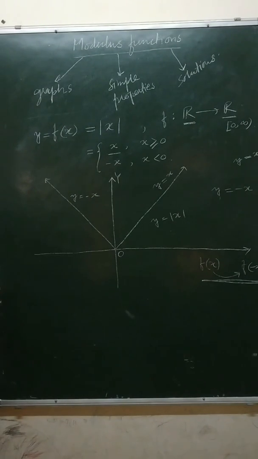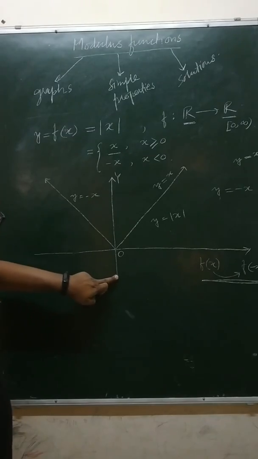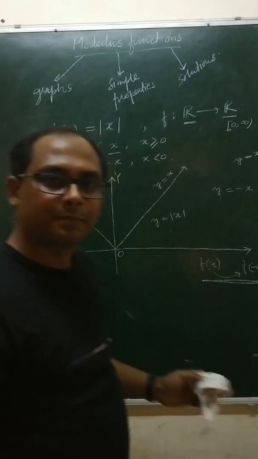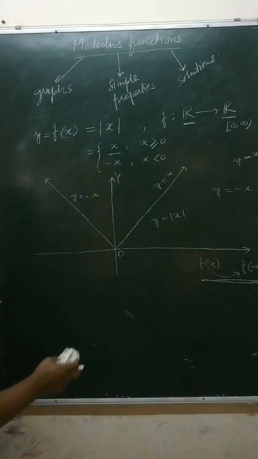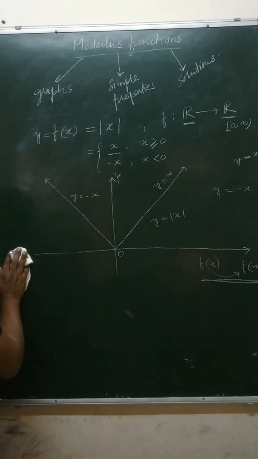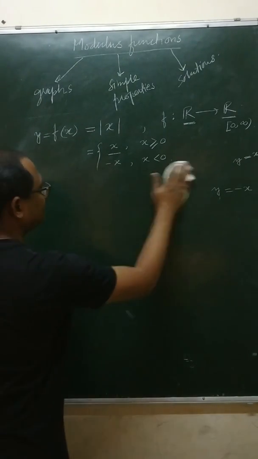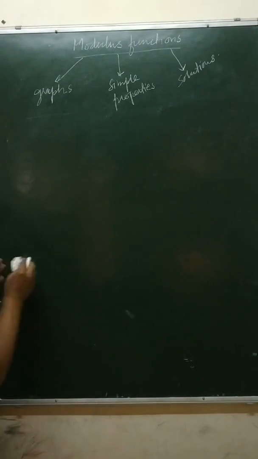Along with this, we need to learn a few more transformations along with some simple properties, as the topic says. First, a few properties can be taken like this.